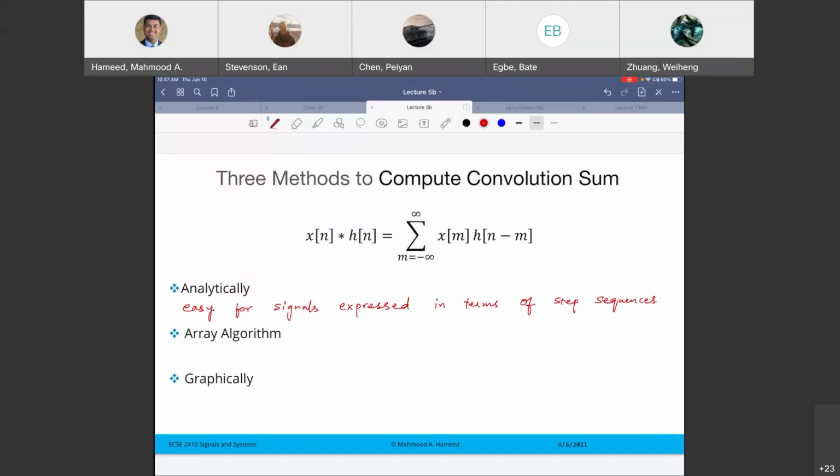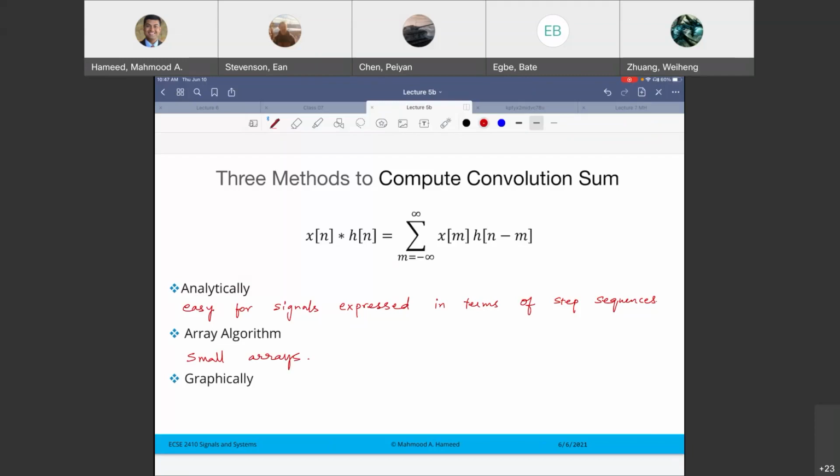Two, there is the array algorithm, which is a very systematic approach to finding the discrete convolution. It is going to be easy for small arrays, which essentially means if the values of x and h, the signals that you are trying to convolve, are limited, 3 elements, 10 elements, you can get done pretty easily using the array algorithm, which is essentially going to be distribute these elements, one on rows, one on columns, carry out the multiplications, and then add them diagonally.